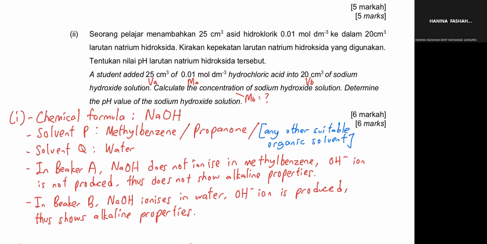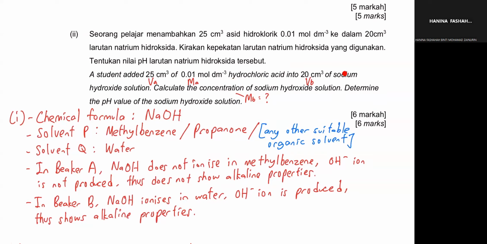Question 2, they ask you to calculate the concentration of sodium hydroxide solution and determine the pH value of the sodium hydroxide. So first of all, if you want to calculate the concentration, you use the formula MAVA over MBVB equals a over b. Why? Because this is neutralization.